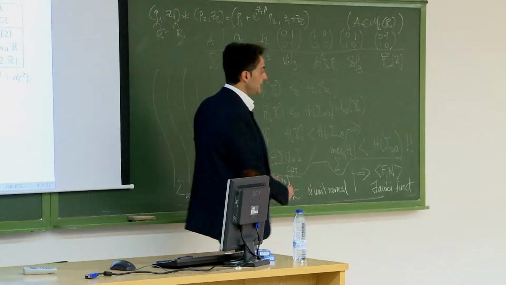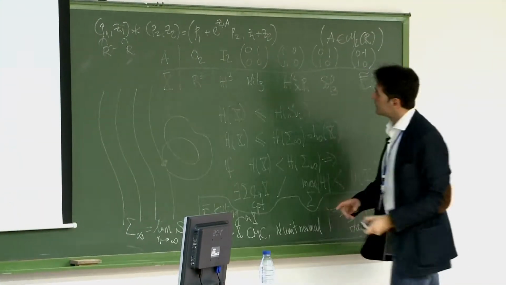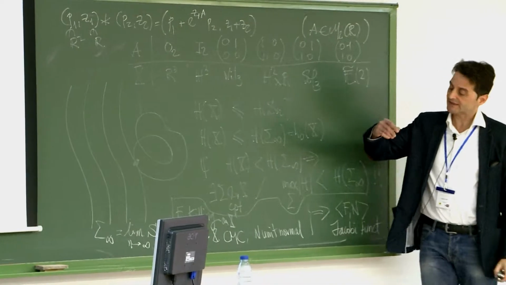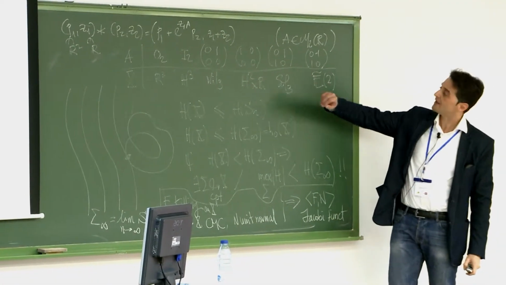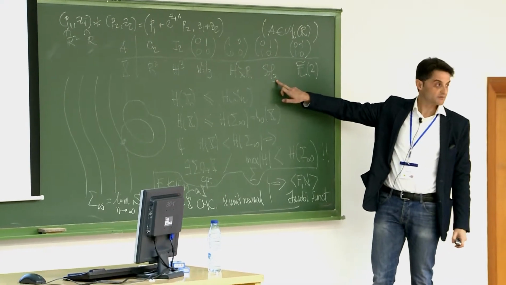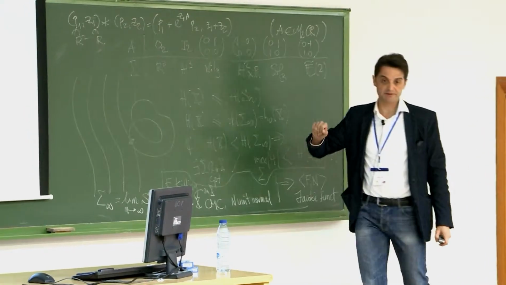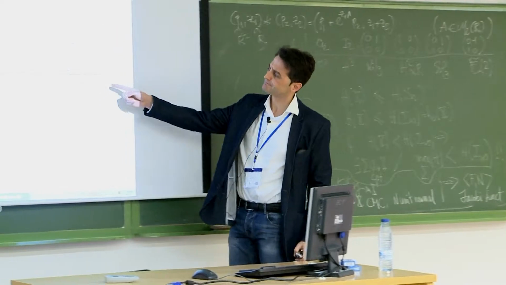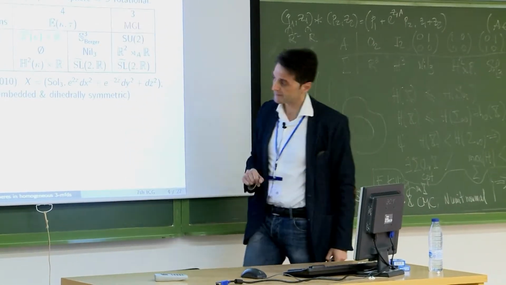So what they did is they solved the problem of understanding constant mean curvature spheres for this matrix, which means in Sol3, with a very special left invariant metric, which is this one, okay? And they proved this result.